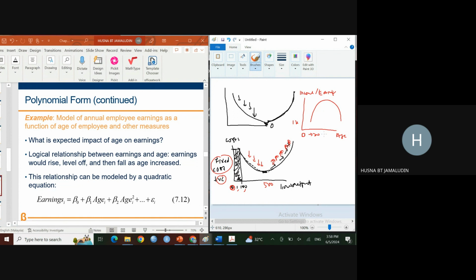The older you are, when I move to the right, because the variable is age, income or earning moves up. The more you age, income is increasing. Is it true?